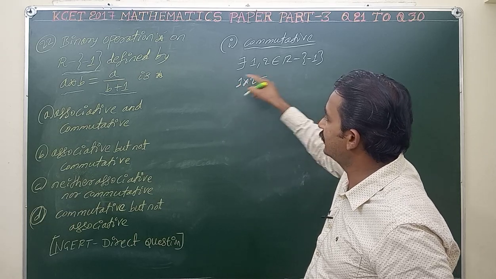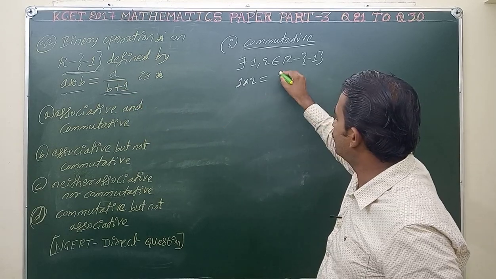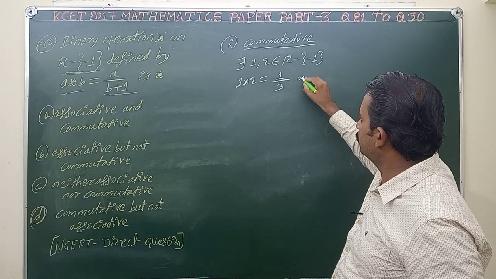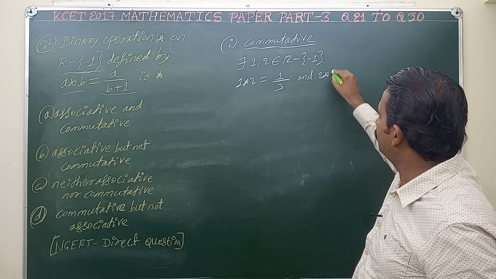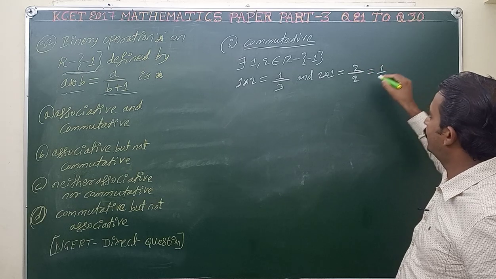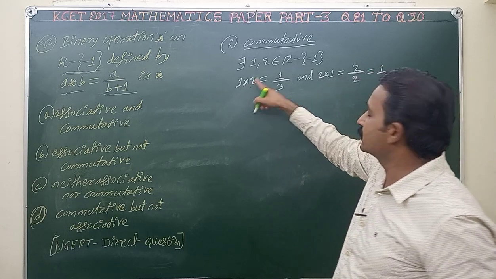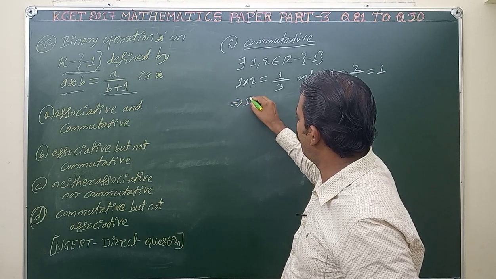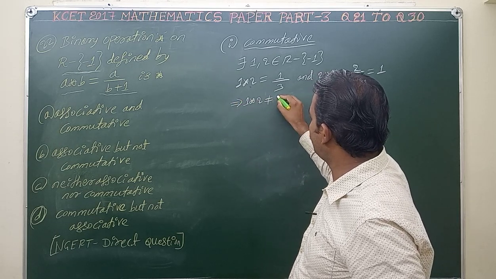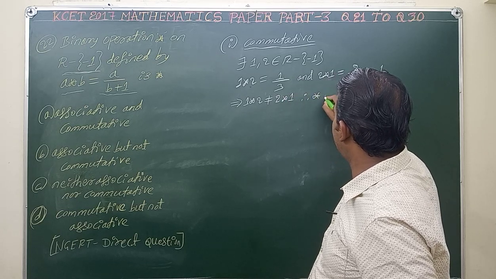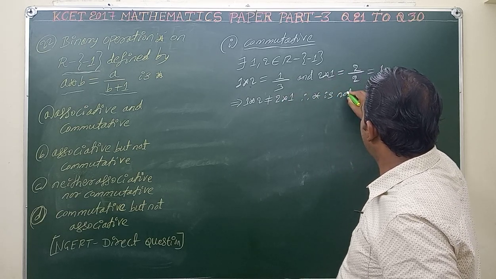Using the definition, it can be written as 1 divided by 2 plus 1, which is 1 by 3. And 2 star 1 is equal to 2 divided by 1 plus 1, which becomes 1. Here 1 star 2 is not equal to 2 star 1. Therefore star is not commutative.